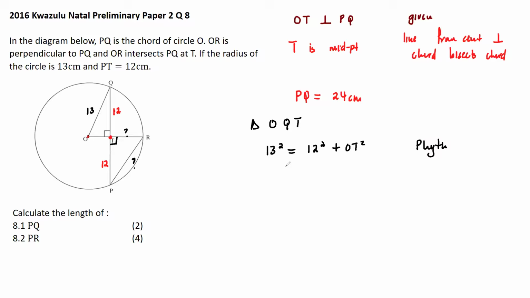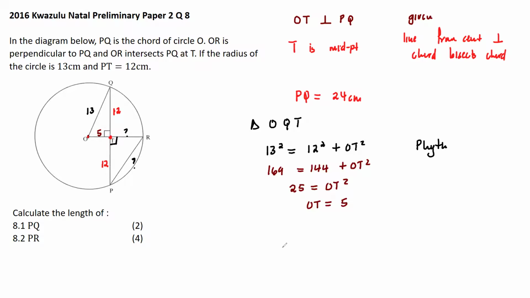But remember, guys, I'm looking for what? PR. Okay, I'm okay with that. So at the end of the day, my math says 169 equals 144 plus OT squared, 25 when you take 144 to the other side. So OT after square rooting is 5. So I now know what OT is: 5.